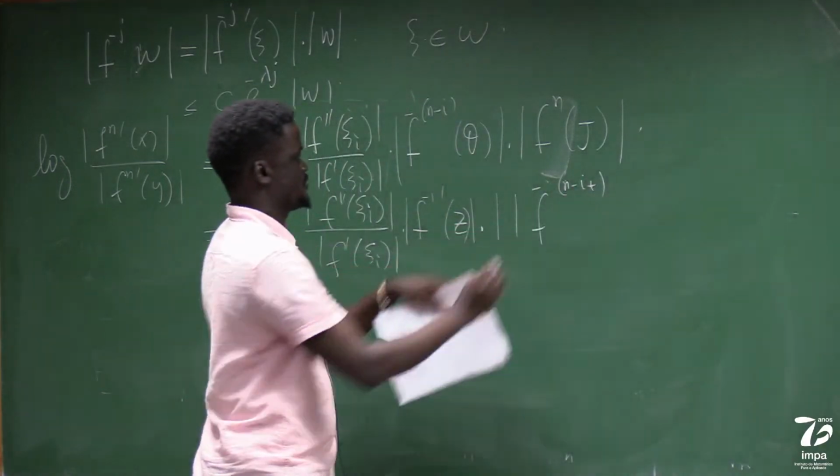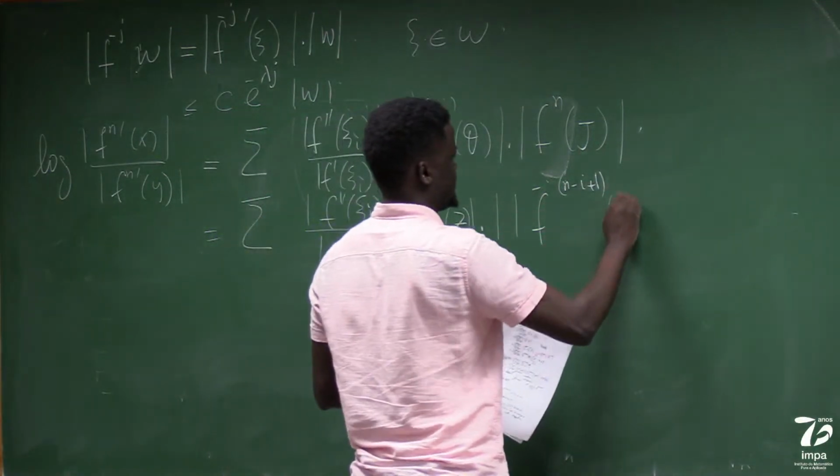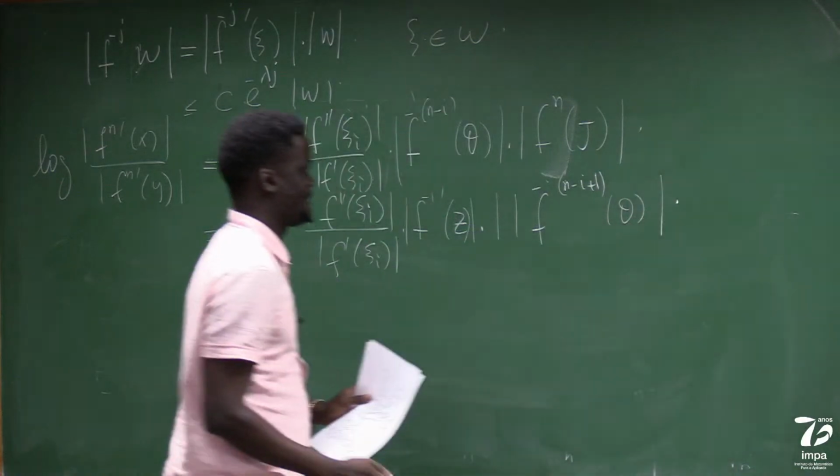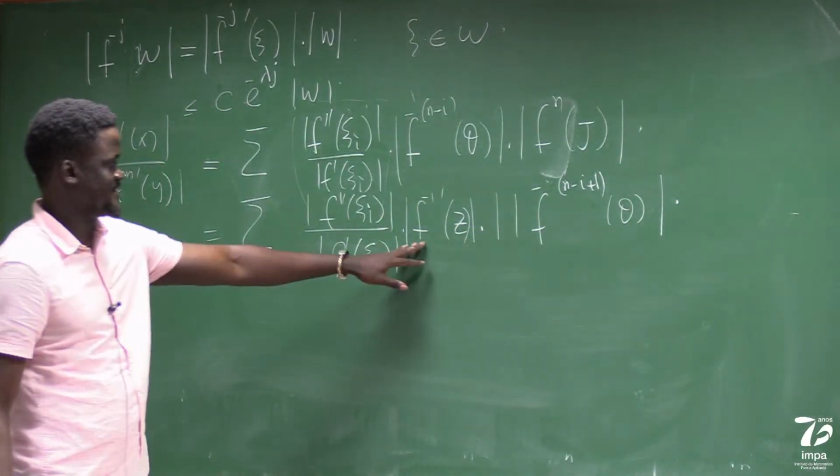What I did, I just take out 1 here of theta. This is a trick to do here, which helps to get one more derivative down here.